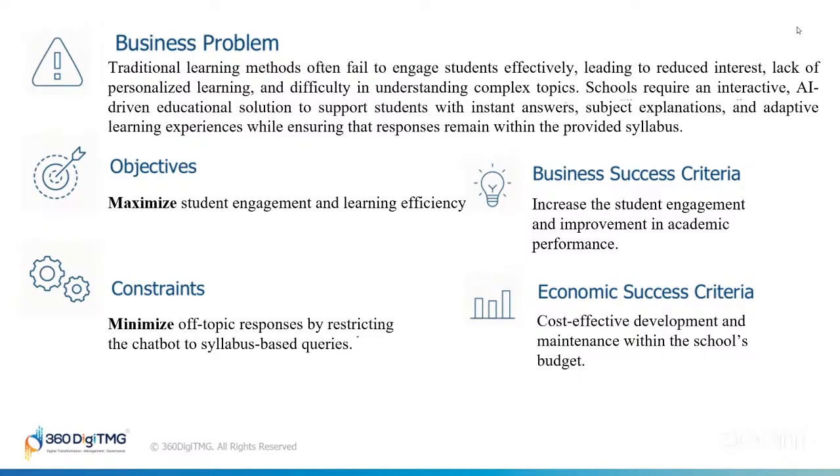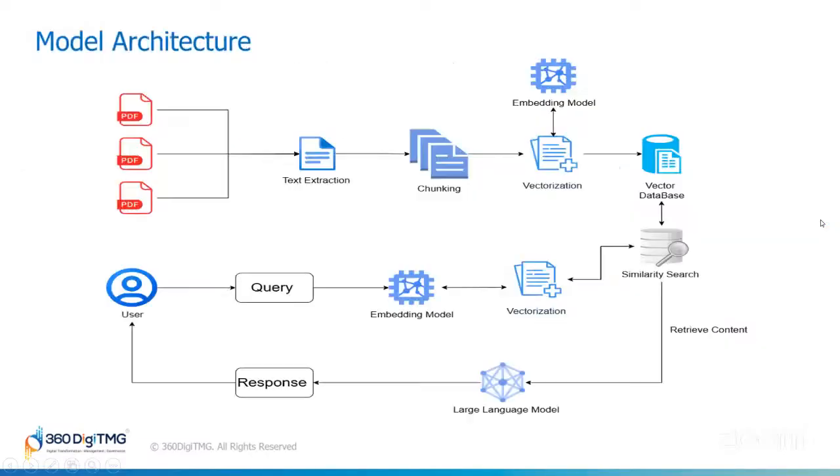Next we can go to our model architecture. When it comes to model architecture, we have taken multiple PDFs, in the form of ebooks or student materials available in the schools. From these PDFs, we have extracted the text, including text from images, and performed a chunking operation.